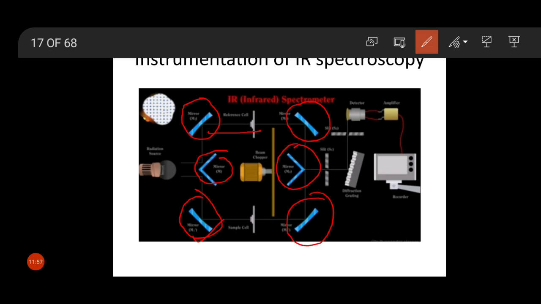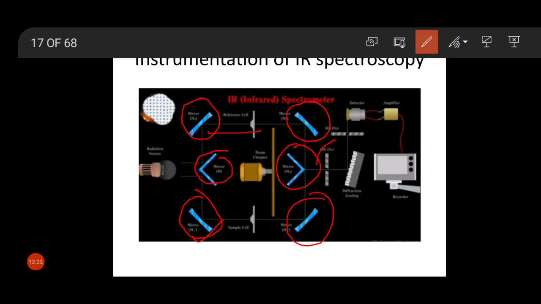Now see this mirror, that means mirror M2 will reflect the respective radiation. Now first we take reference radiation for explanation. So this mirror, that means mirror M3, will reflect the respective radiation towards the slit S1.